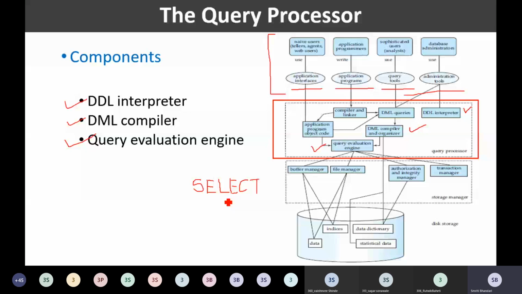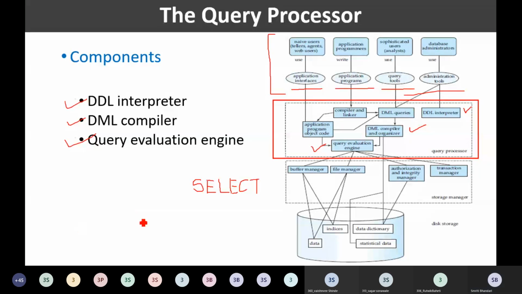We wrote one statement to extract information about the instructors, and our problem statement was: find names of the instructors who belong to the computer science department and have a salary greater than 60,000. If you remember, we had that problem statement.